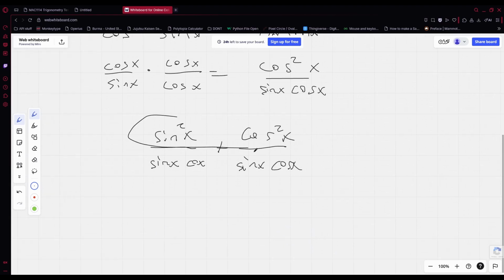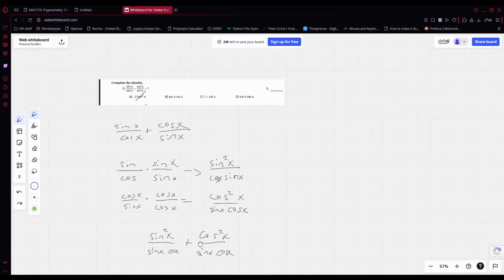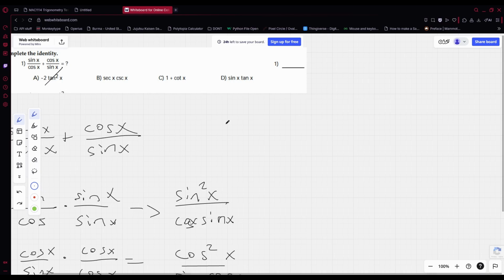As soon as you see sine squared x and cosine squared x, and there's things being added, you should already know that our super magical boy, the Pythagorean identity, which is sine squared x plus cosine squared x equals 1.